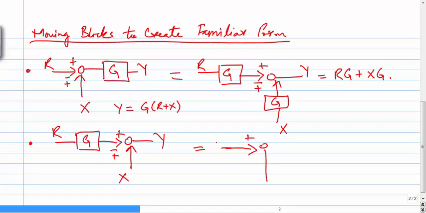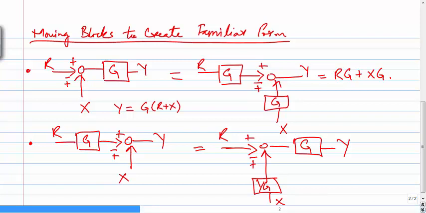But if I move this block to here, to keep consistency, because X is just being added here, I need to divide X by G, that is 1 by G with X, so that it maintains the mathematical relation with the output. Now the relation is the same. So this way you can do manipulations.